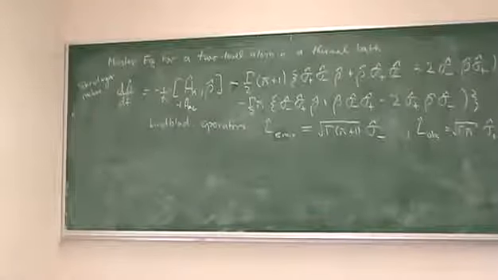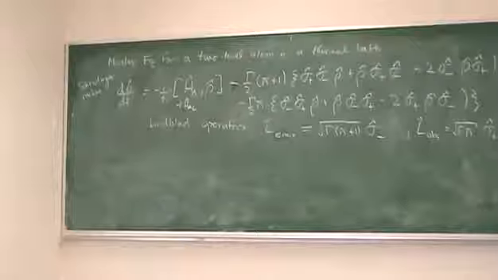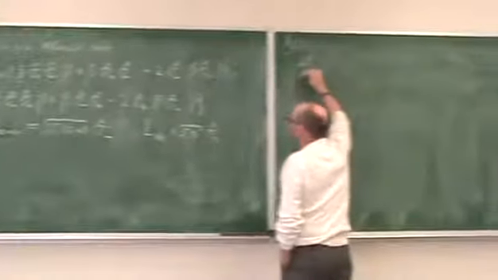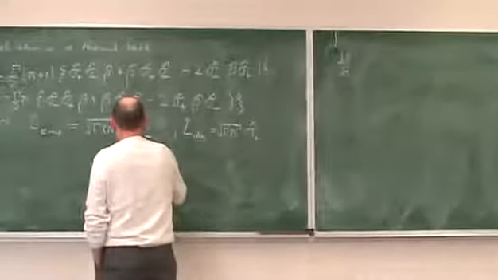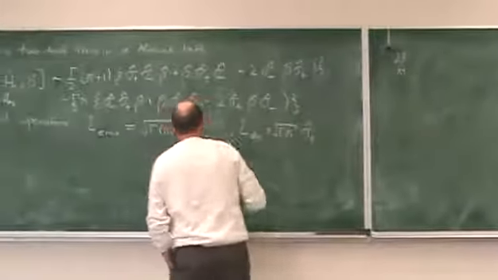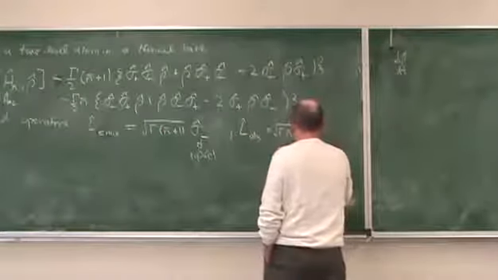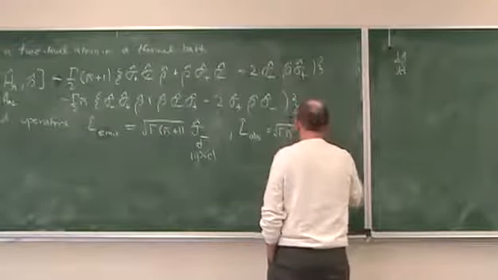Okay, so let's look now at this problem, and let's remind ourselves of some of the features. Let's rewrite this in a slightly more compact manner. Sigma minus is the outer product of that sort, and sigma plus is this outer product.